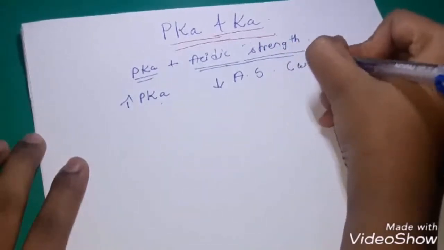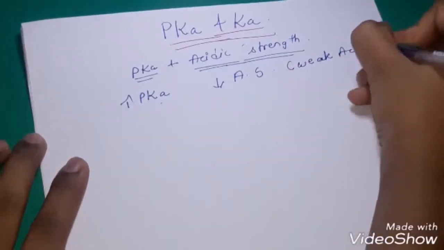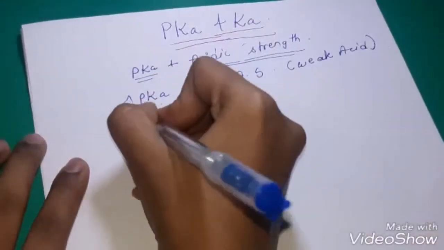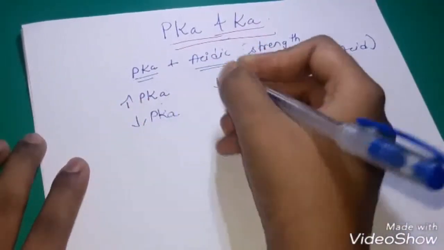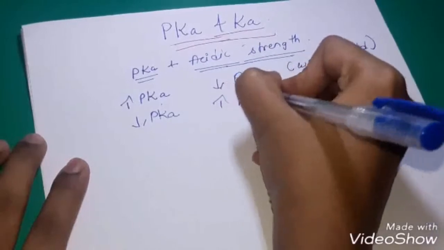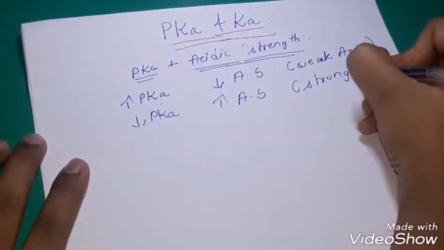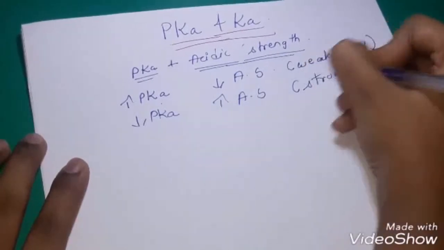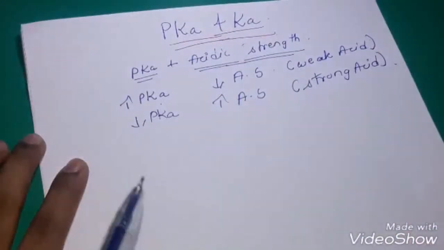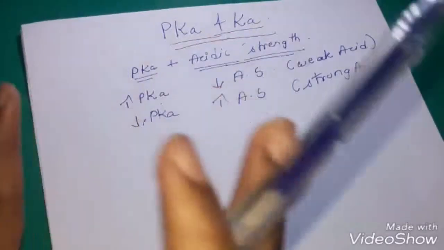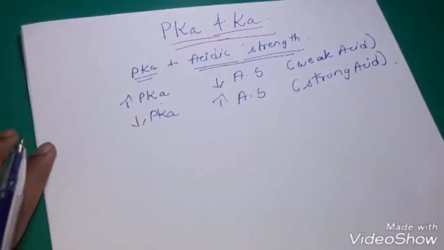That means it will be a weak acid. And if the pKa value is low, that means acidic strength will be high and it will be a strong acid. So the relationship between pKa and acidic strength is inversely proportional.